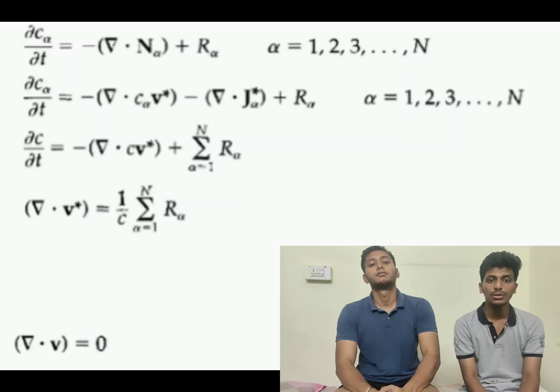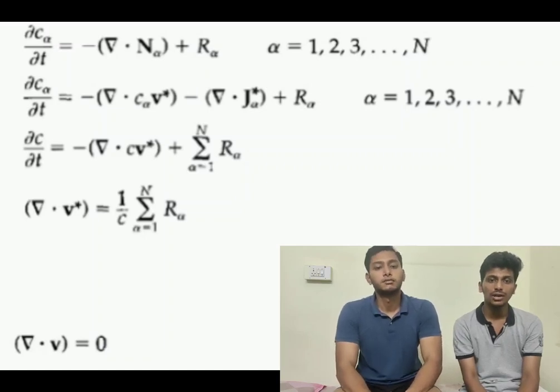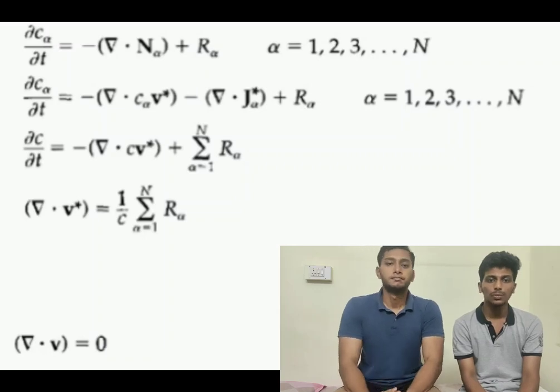Next, the convective term, which is del dot C alpha V star. This is where the bulk transport comes into the picture.